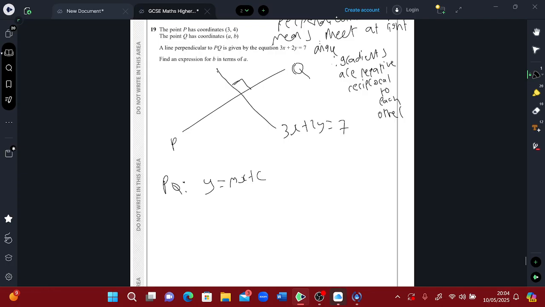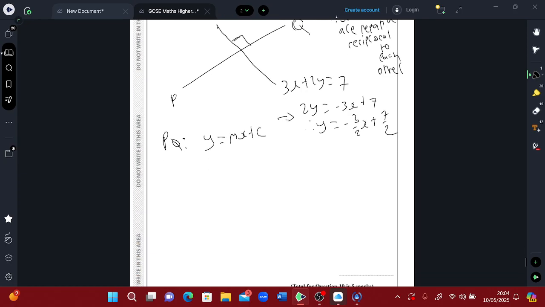But we can rearrange this. So we know that this equation is 2y is minus 3x plus 7. Therefore, y is minus 3 over 2 x plus 7 over 2. We know that the gradient m has got to be 2 over 3 as PQ is perpendicular to this line here.